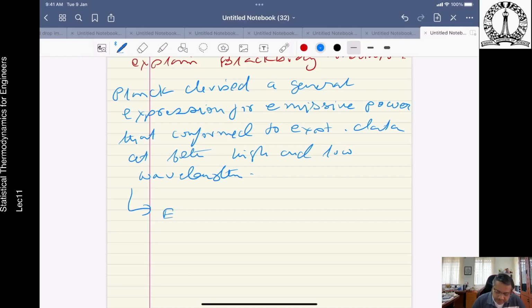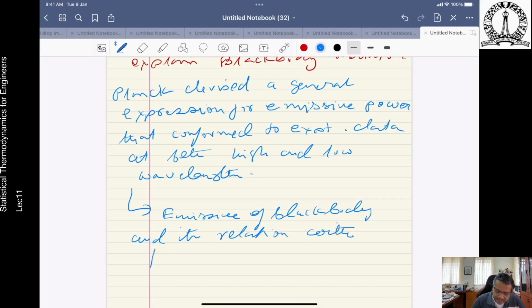The emissive power of a black body and its relation with the frequency of the emission is given by his empirical relation.